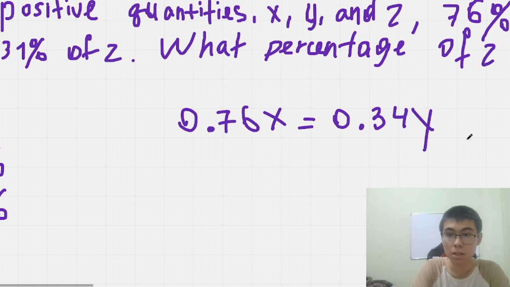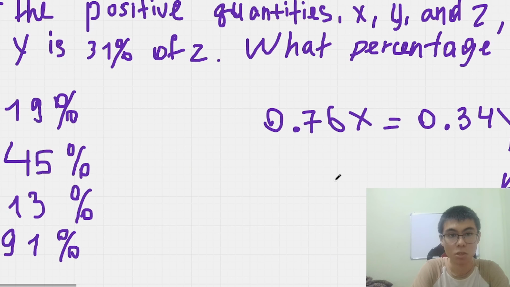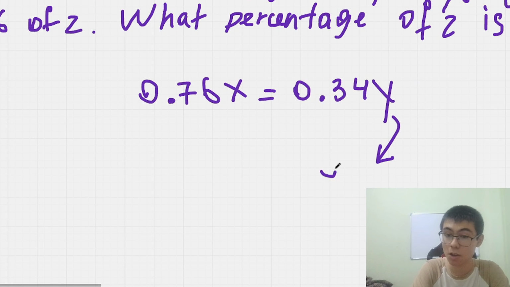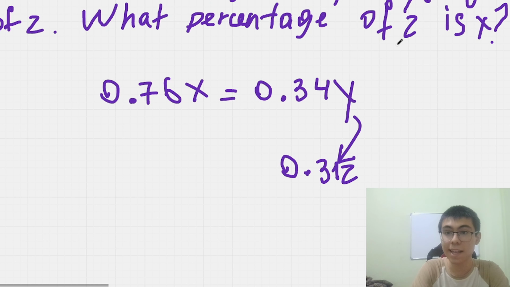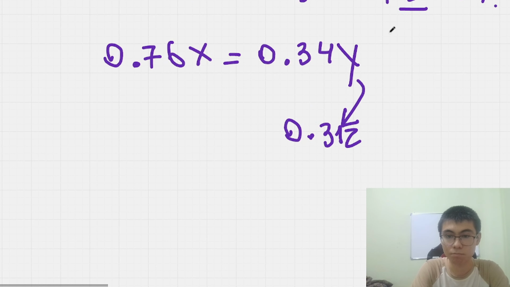So here this y is 31% of z. Okay, 0.31z. So they're asking for the percentage of z that is x. So let's put 0.31z instead of y here.